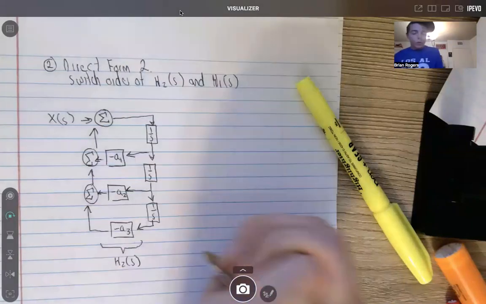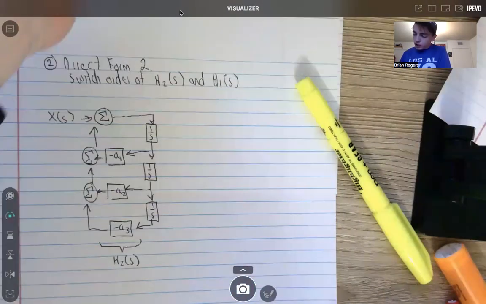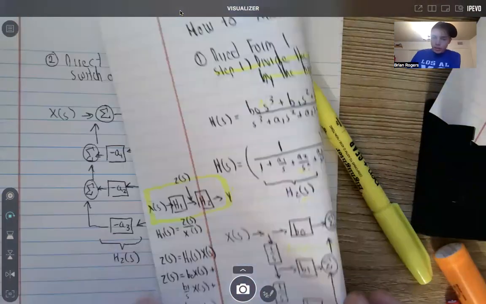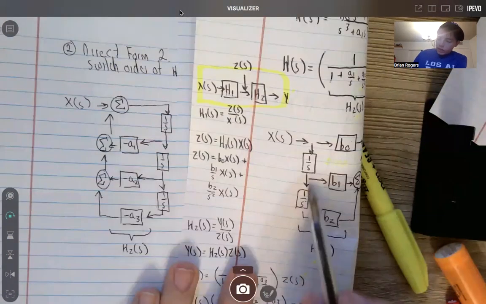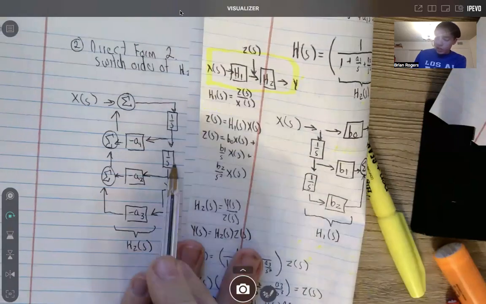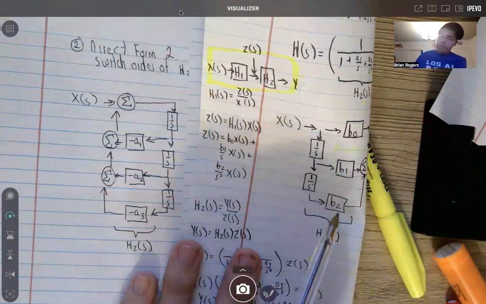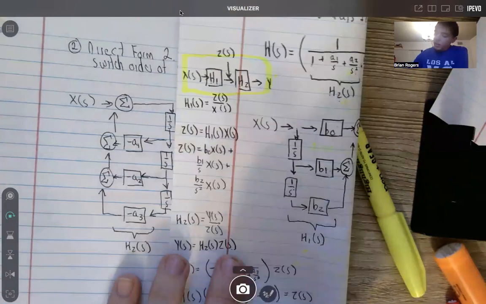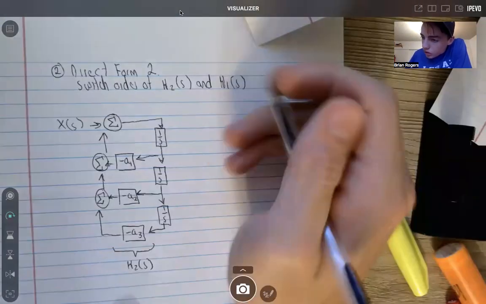And then what you're going to notice is if we do H1 of S, which was right here on the other diagram, you'll see that this 1 over S, this 1 over S, is already there. We just need to add in these B0, B1, and B2 with the summation. So the 1 over S is already designed. All we need here is our B0.